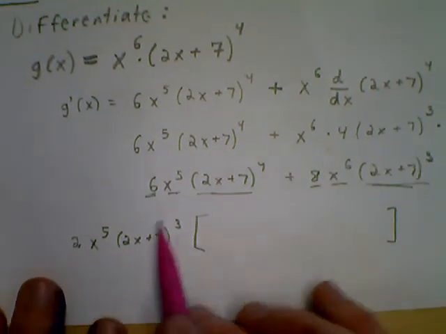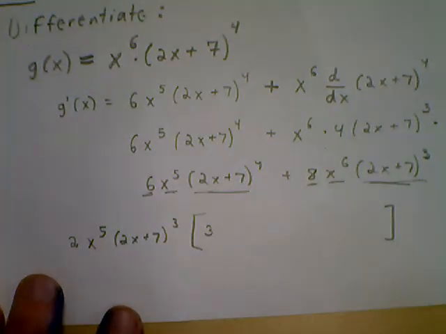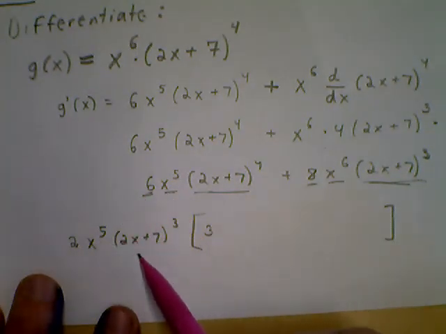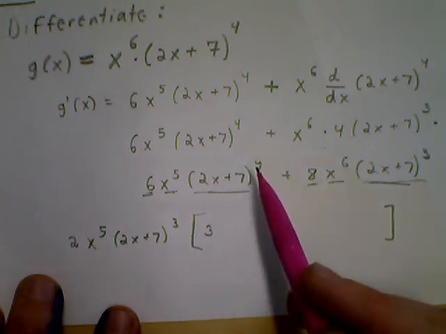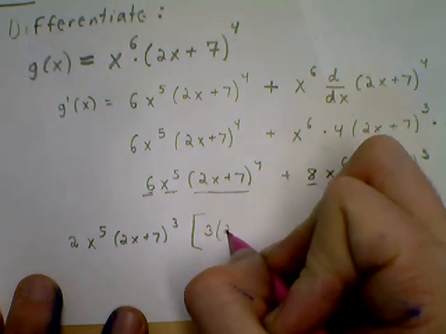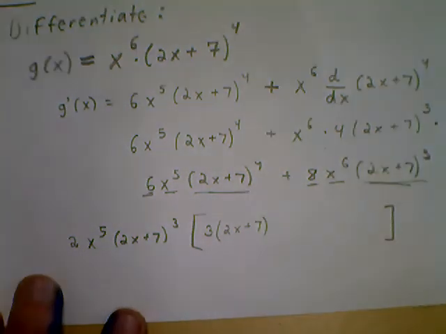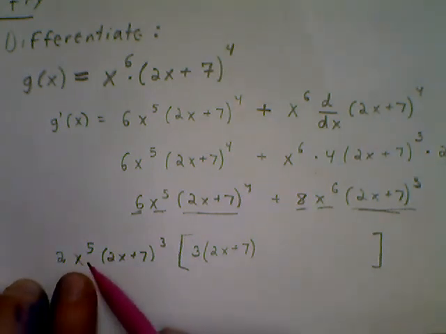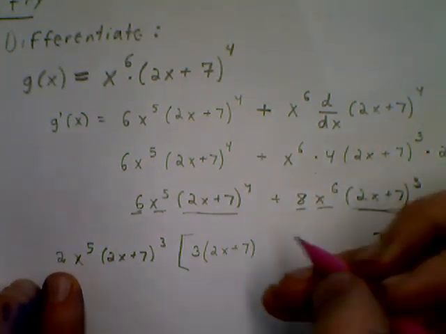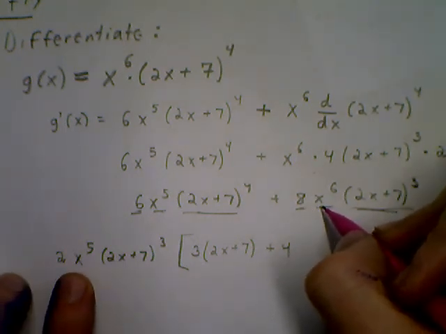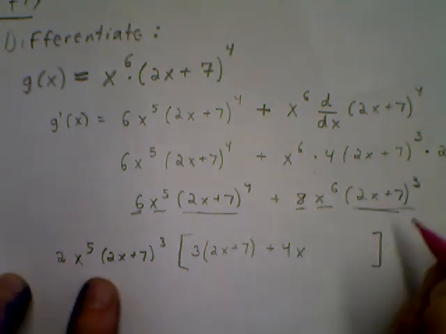So now, divide 2 out of 6, I'm left with 3. Divide x to the 5th out, it's not there anymore. Divide 2x plus 7 to the 3rd out of the quantity 2x plus 7 to the 4th, I'm left with 2x plus 7. Take 2 out of 8, I'm left with 4. Take x to the 5th out of x to the 6th, I'm left with x.